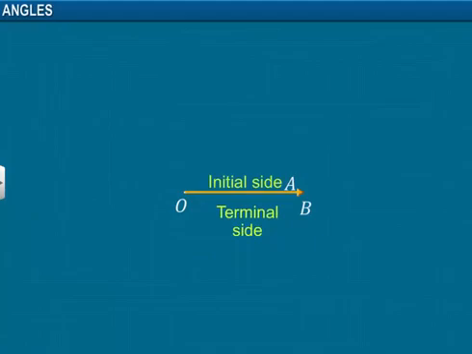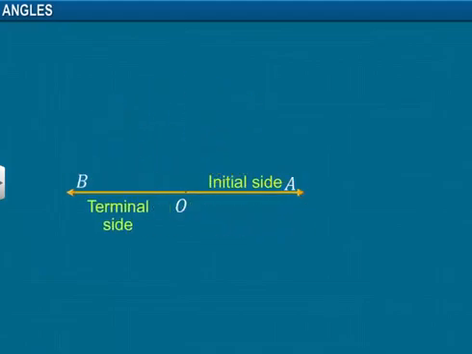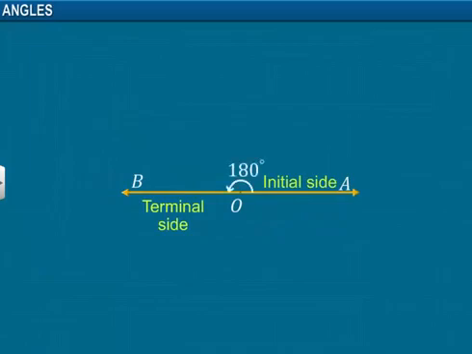When the initial ray OA takes one complete revolution and comes back to its original position, then it makes an angle of 360 degrees. When rays OA and OB are in the opposite directions, an angle of 180 degrees is formed.